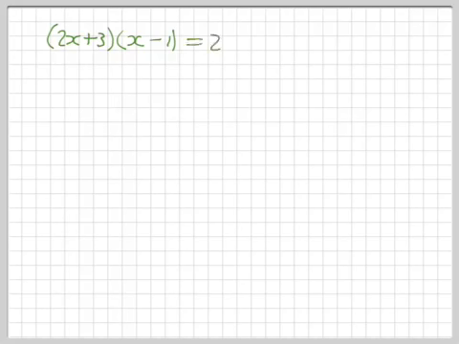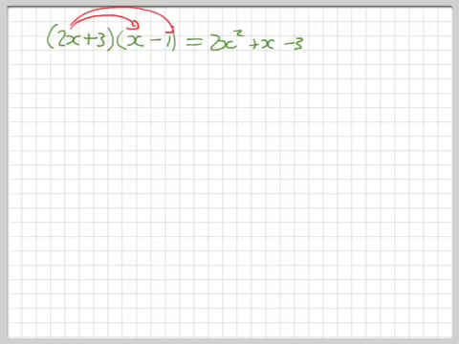So if I multiply this out, I'm again going to use the distributive property, which says I've got to times the 2x by the x and the 2x by the minus 1.